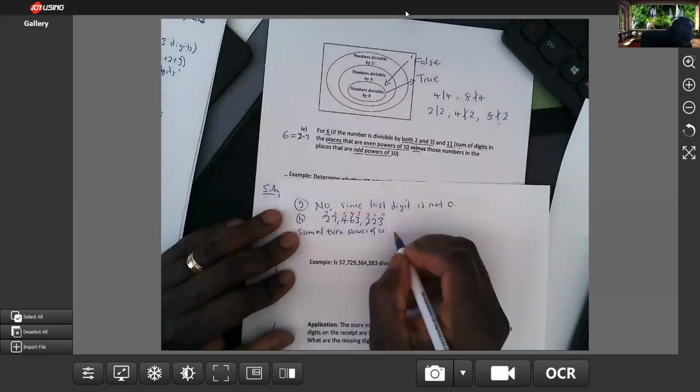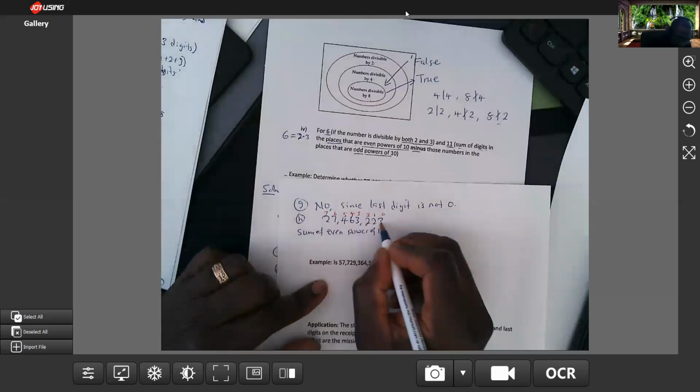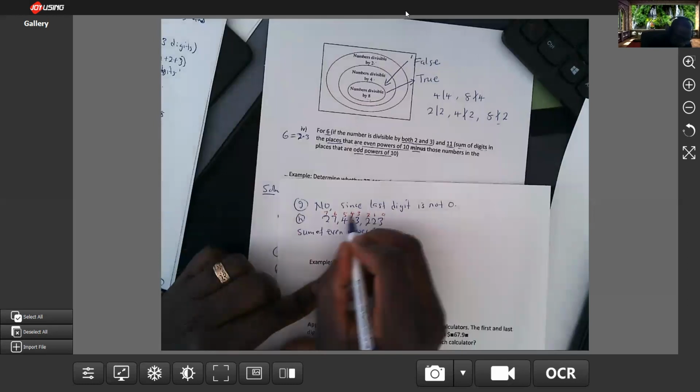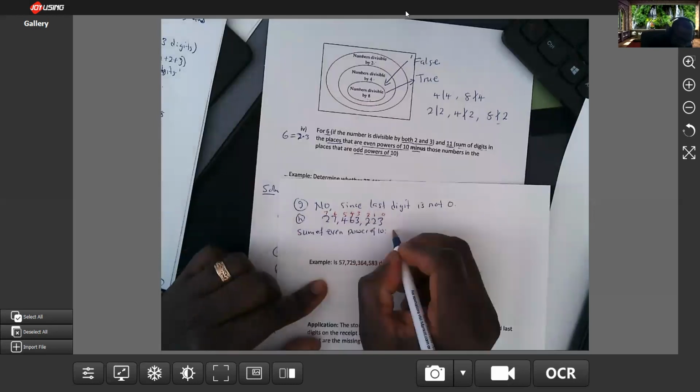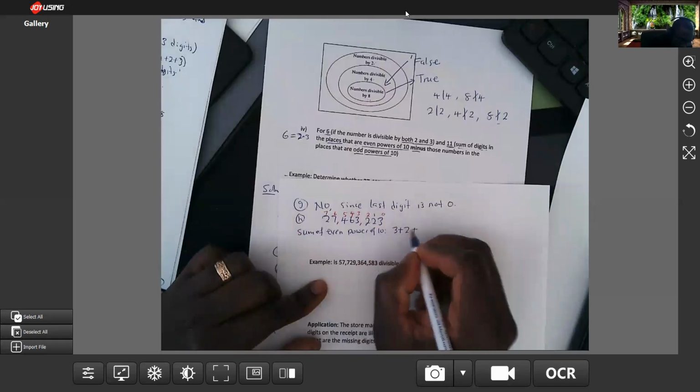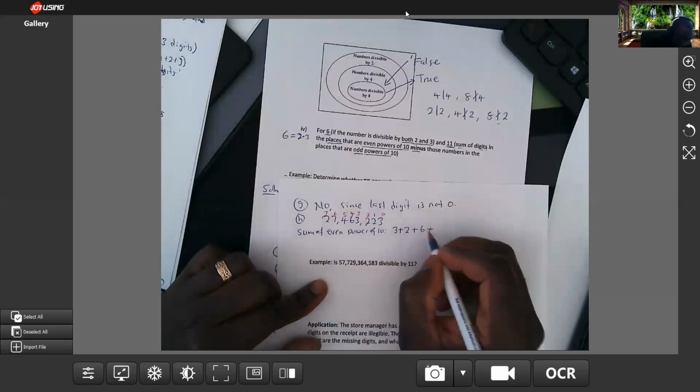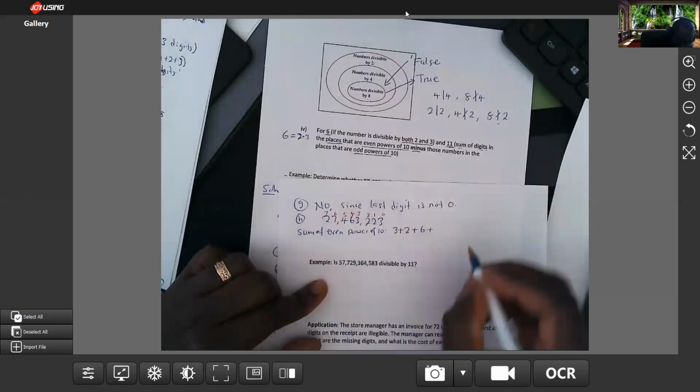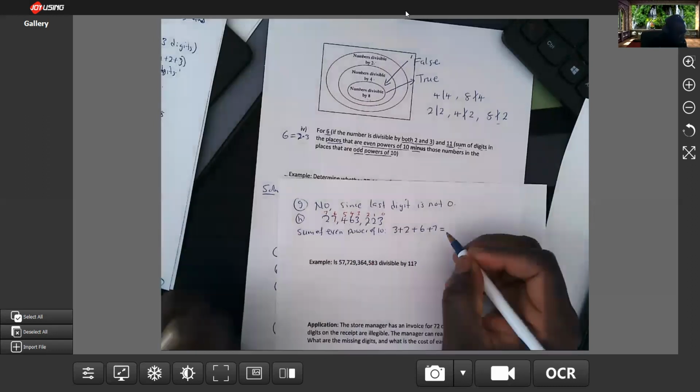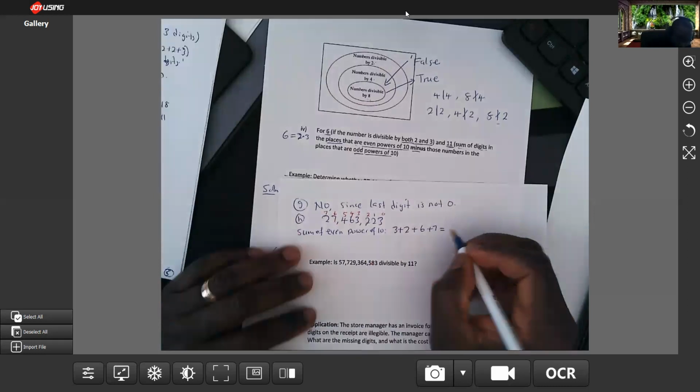Now these are 0, 2, 4, and 6. So the digits are 3, 2, 4, 6, and 6 in the place 7. When you add this, you get 18.